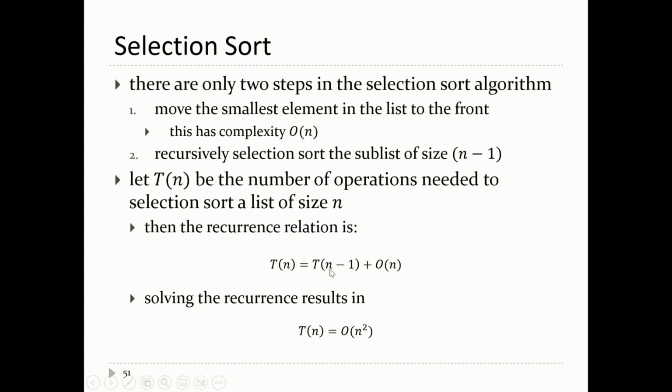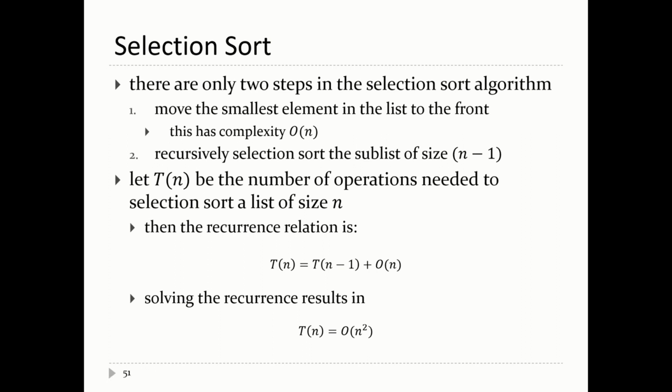So that's equal to T of n minus 1, because T is the amount of time it takes to selection sort something, plus the amount of time it takes to move that element to the front of the list, which is in big O of n. And now the question is how do you go from that down to O of n squared?